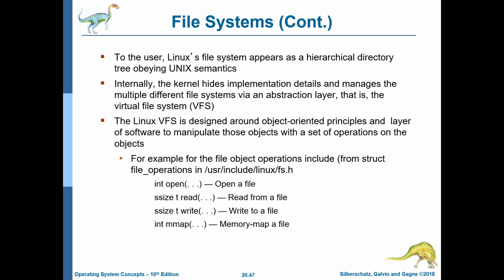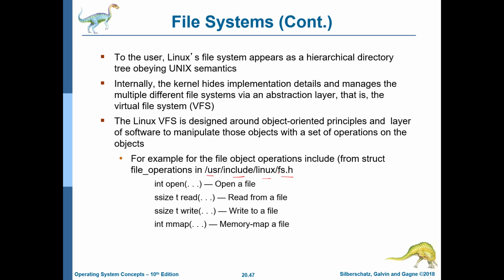So let's look at some of the key file object operations. So you can go to user include linux fs.h. So user include linux has most of the functions that the kernel exports.